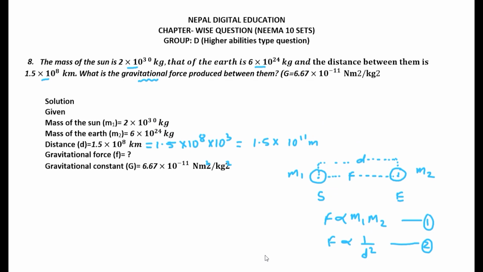So let us look at the problem. We have to find the gravitational force F, and F equals G m1 m2 by d square.